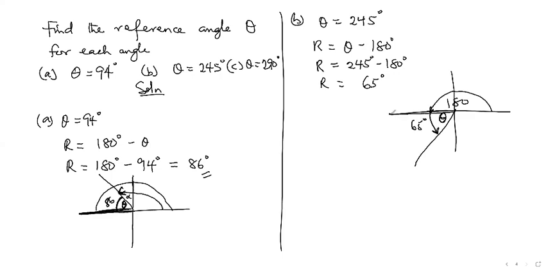Don't forget, we are interested in the angle with the positive x-axis, not here. If it is here, then we can say 270 minus 245. But because I'm interested in the angle with the x-axis, from here to here is 180. 180 plus what will give you 245 is 65. So here is 65. Let's consider the last one.